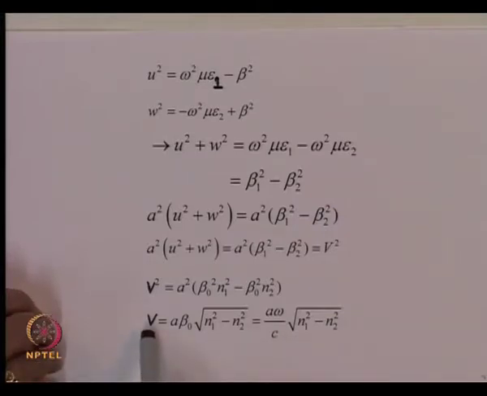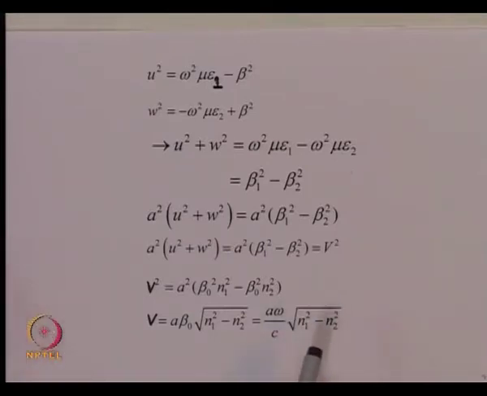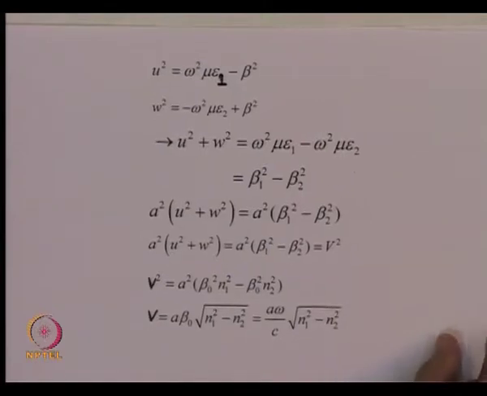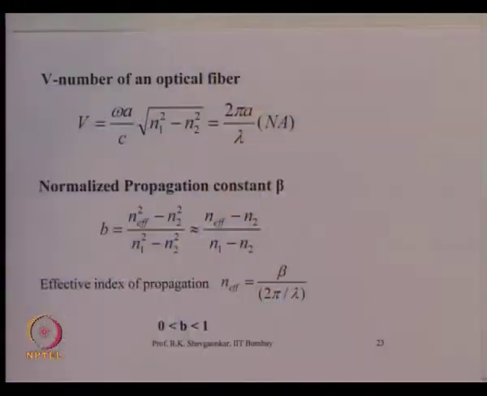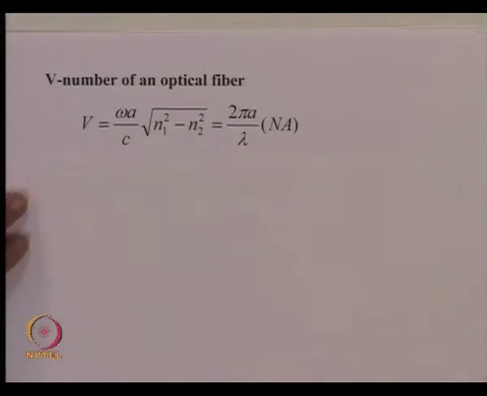You get this quantity V, which is a omega upon c square root of n1 square minus n2 square. Realizing that this square root quantity we already know is nothing but the numerical aperture of the optical fiber, we can define this characteristic parameter for the optical fiber, which is what is called the V number of the optical fiber.